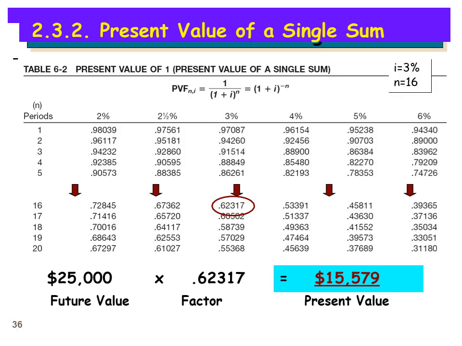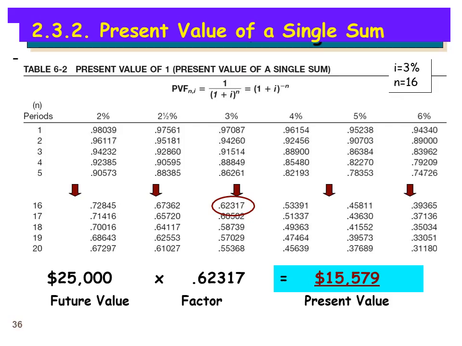And then when we search for our factor value on page 16, first of all, the i value is 3 down, and the n value is 16. It matches this circled one, that is 0.62317.